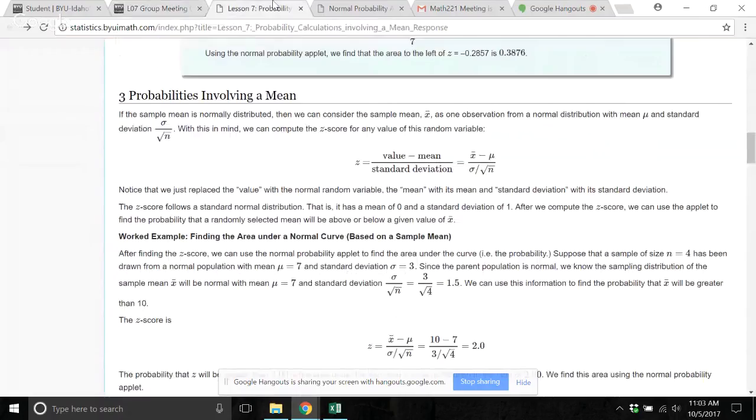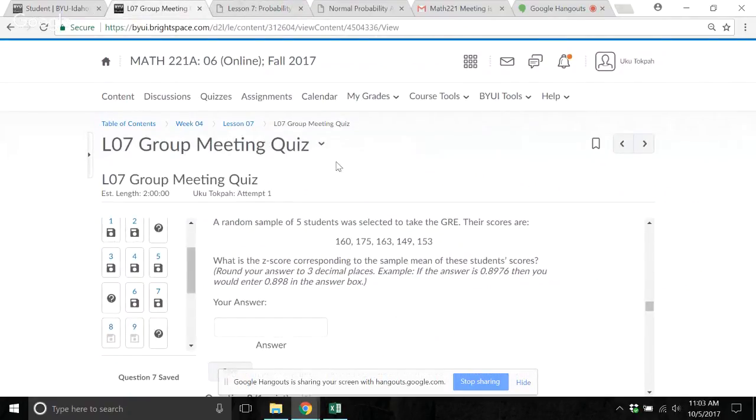Yep. And then we'll use that to get a z-score. What's the z-score? So 3.935 is our z-score, right, for number 8?